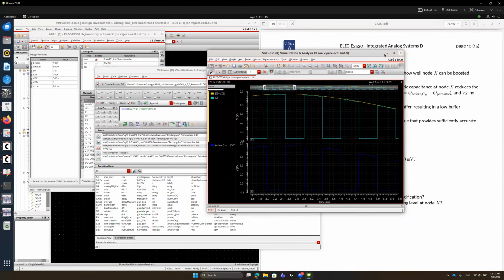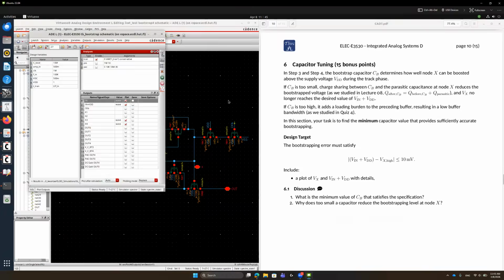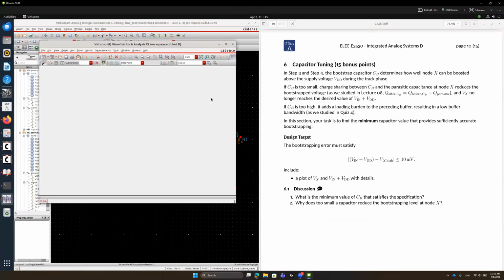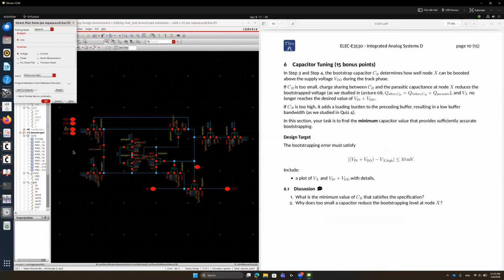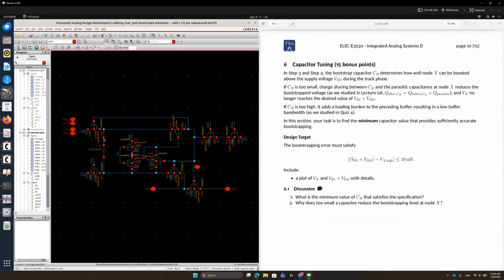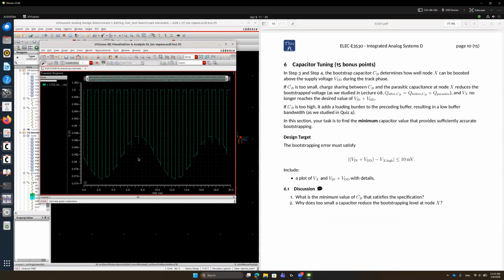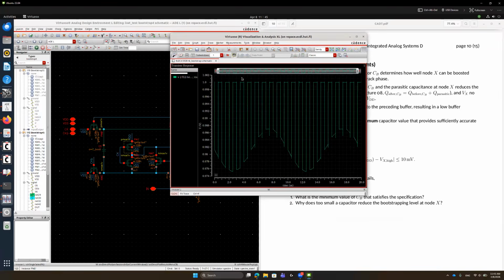So you can simply watch this node voltage, or another method is the bootstrapped voltage. Then you can simply click this node and click this node, which is the capacitance voltage. Then you can see the lowest bound of this bootstrapping action.